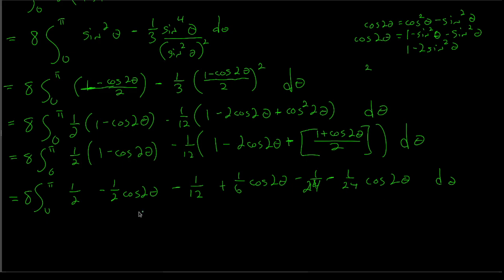All right, so I'll collect like terms. So I'm going to have a 1/2 minus 1/12 minus 1/24. Uh-oh. Where did it go? It all went away. Let's see. Let's edit undo.